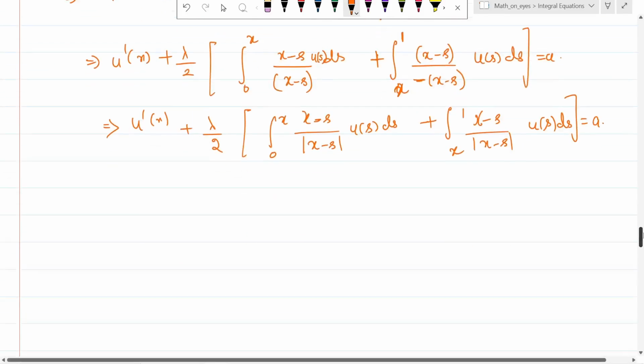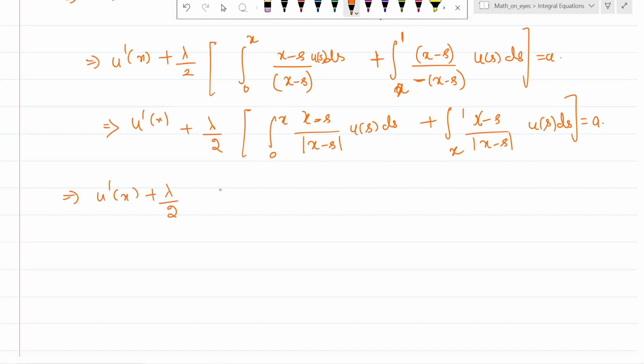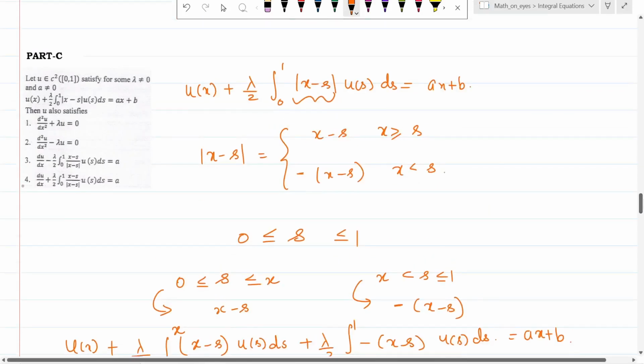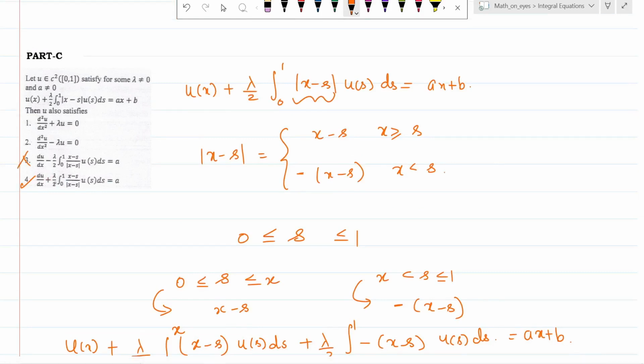Good. Now this is equal to u dash of x plus lambda by 2 integral 0 to x, x minus s divided by modulus of x minus s into u of s ds is equal to a. So we get this answer is true and this is false. So we get positive for the lambda, a small change in the option.